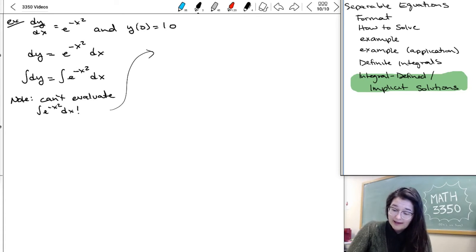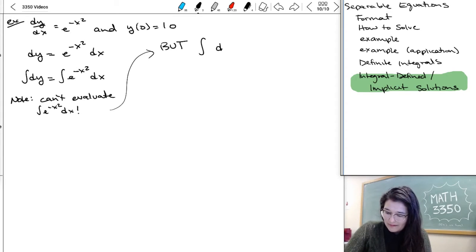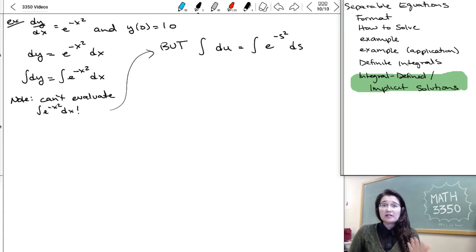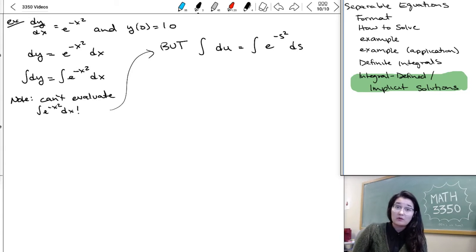So I'm going to go ahead and instead try to write this out as definite integrals. So I'm going to say, okay, I'm changing to u and s, those placeholder variables, but if you wanted to keep this y and x, that would be fine. I can't evaluate the integral, but I can at least show how I would use my initial condition.